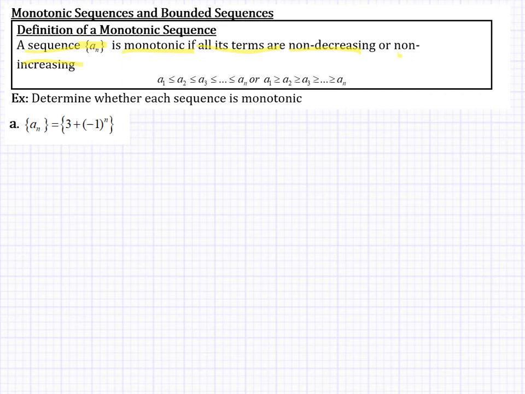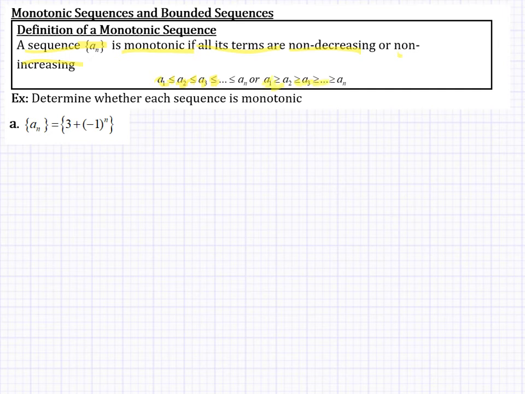Monotonic is a little less than that in that the terms can also be staying the same. So a sub 1 is less than or equal to a sub 2, which is less than or equal to a sub 3, which is less than or equal to a sub 4. If it was just increasing, these would all be less than signs. And the other way around, it could be the opposite too.